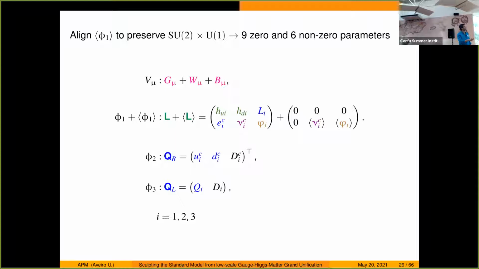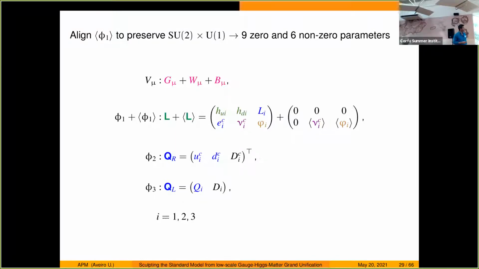So this first line is a doublet. These are doublets, so it should be 2 lines here, but this is compressed. And our Wilson lines will generate effective VEVs in this neutrino direction.